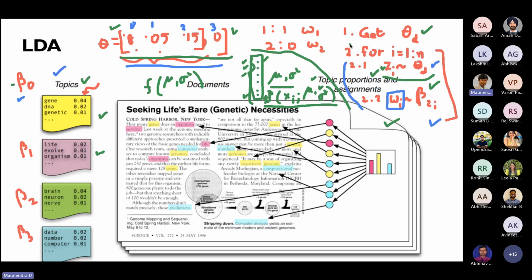Okay, I think there is a subtle variation here. We won't say that this word belongs to this topic. Rather, i equal to 1 to n are the different positions. So the first position belongs to topic, say 0. And for topic 0, we generate the word, say I.